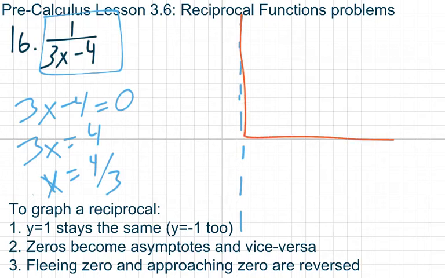Of course, we have a vertical asymptote and a horizontal asymptote, so there's really only one thing this graph can do within that region, and that is get closer to the vertical asymptote and closer to the horizontal asymptote.